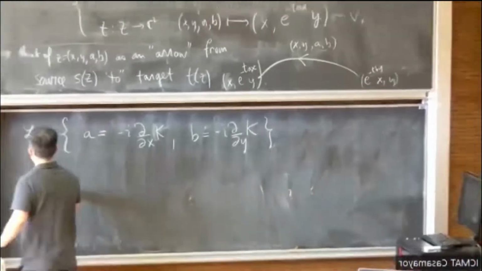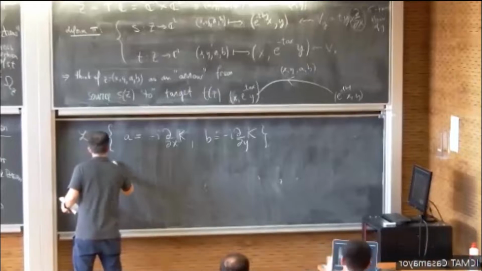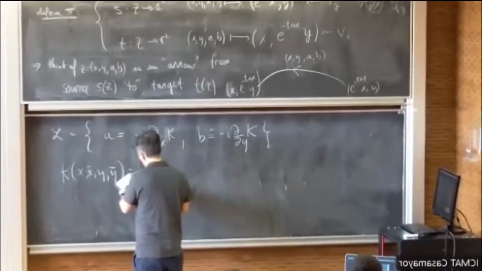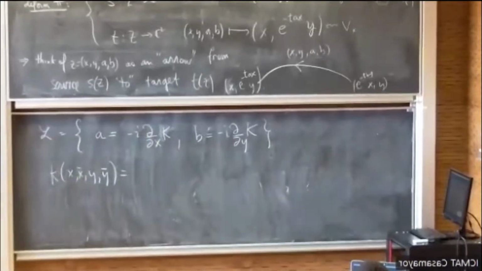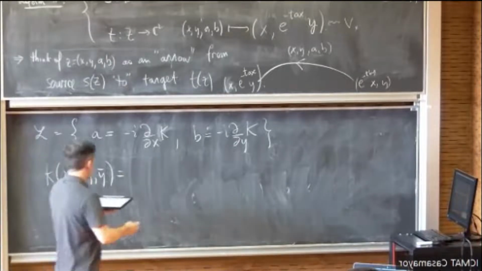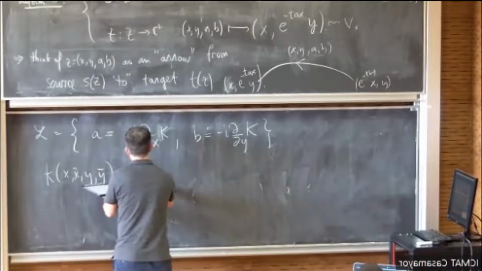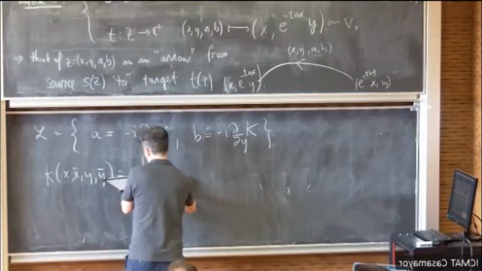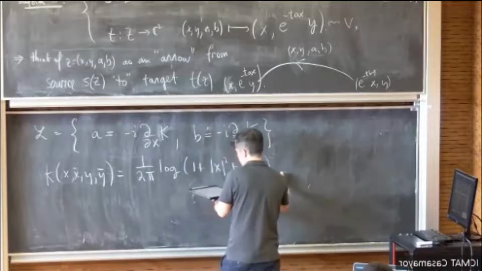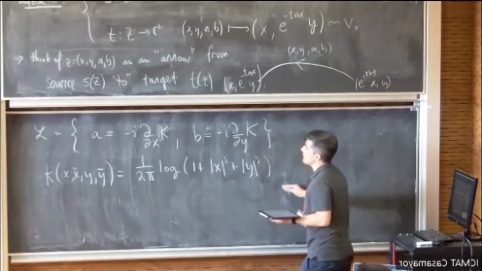We could take k, for example, to be, let me take a familiar one: k equals 1 over 2π log(1 + ‖x‖² + ‖y‖²).